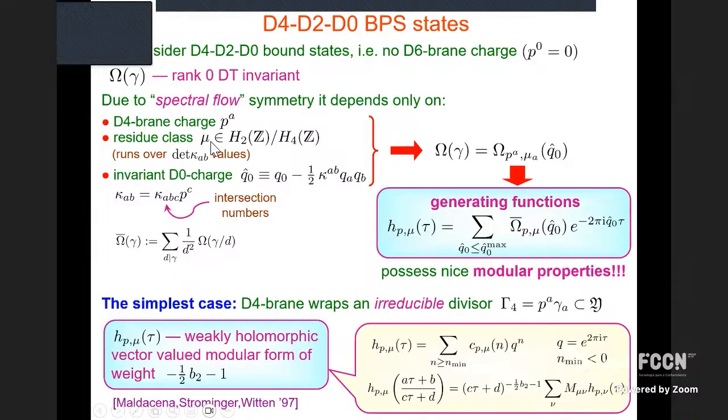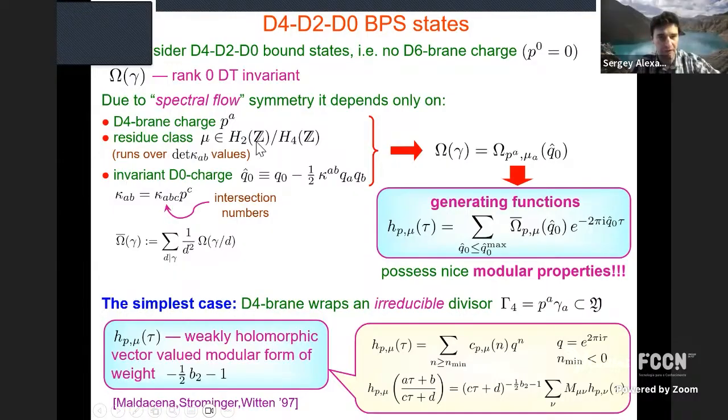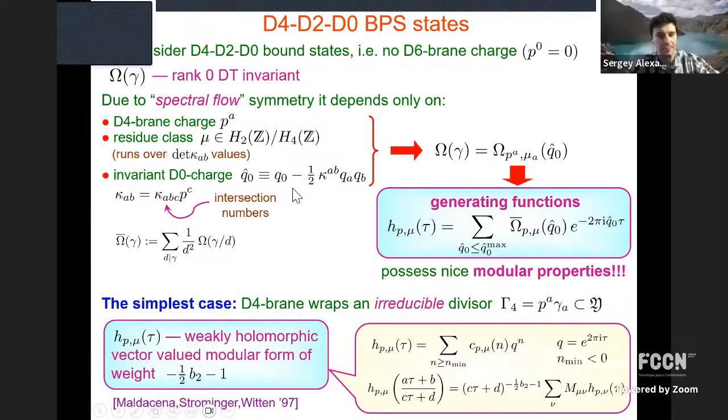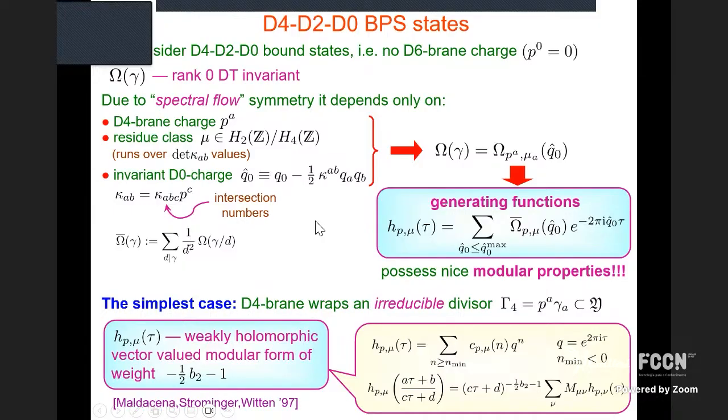So it's just the standard factor: the dual lattice divided by the original lattice. And mu is then an element of this residue group.